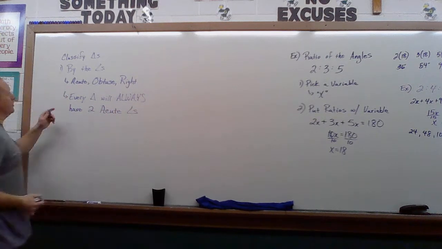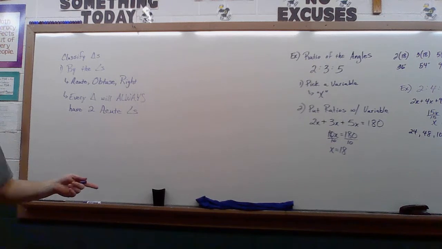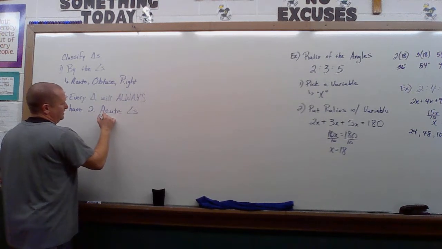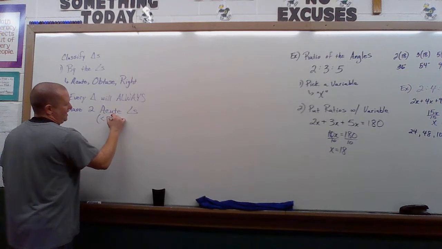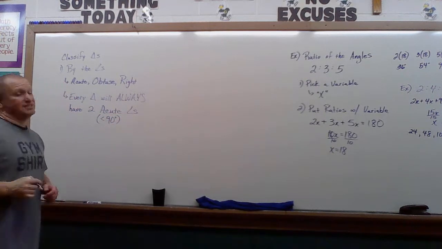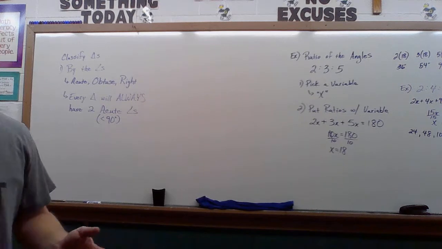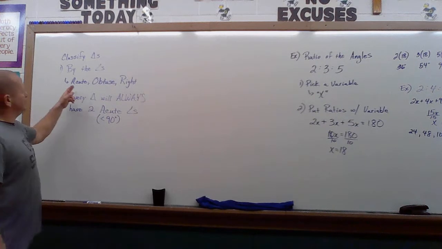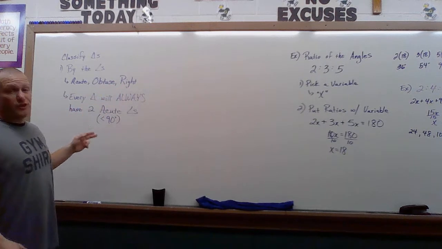So again, we already wrote that word up here, but what does that word acute mean? Remember that acute means that the angle is less than 90 degrees. So every single triangle is going to always have 2 angles that are less than 90 degrees. To name it then is going to depend on that third angle.